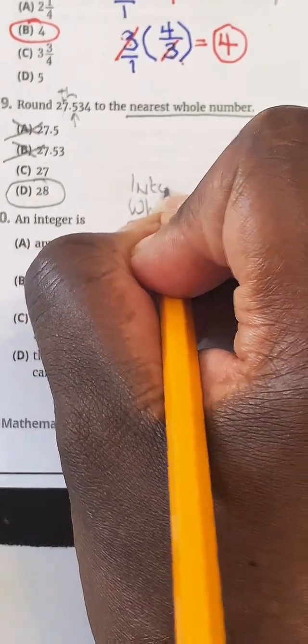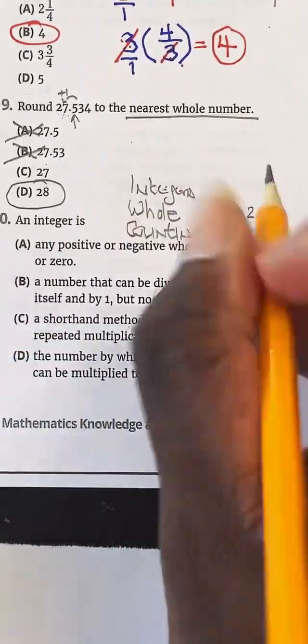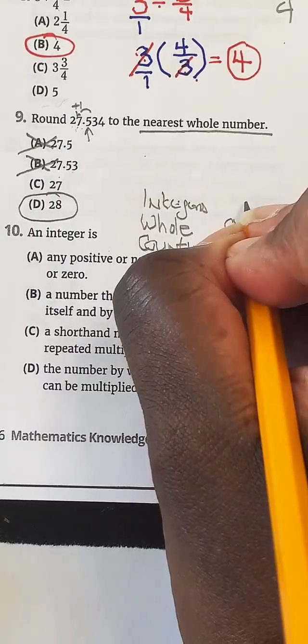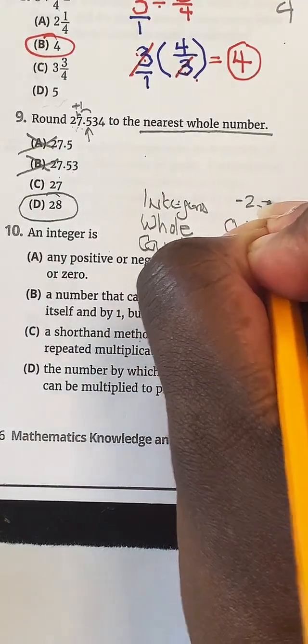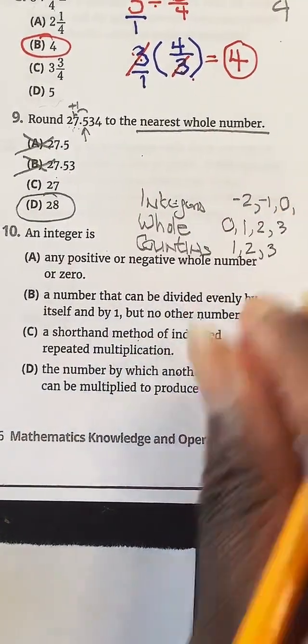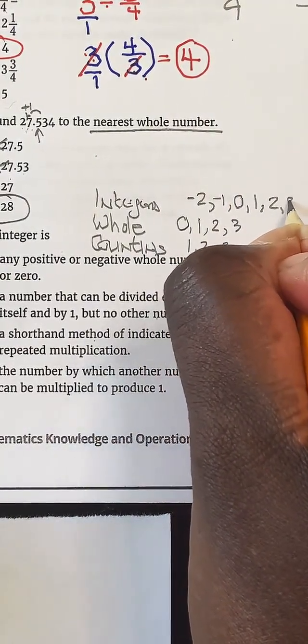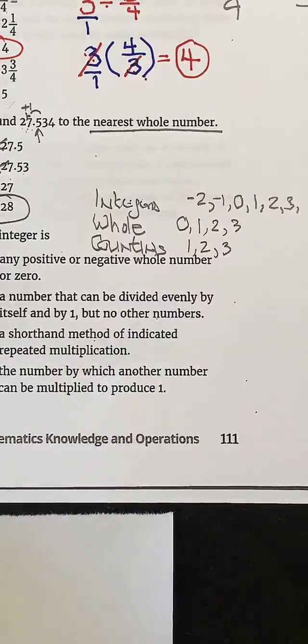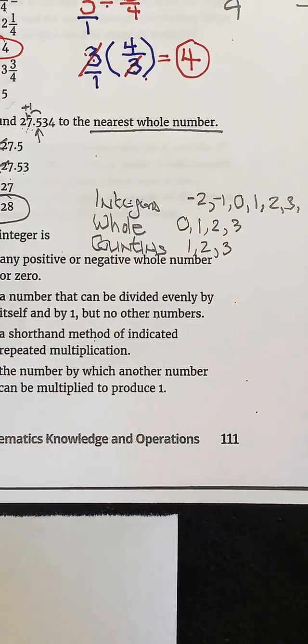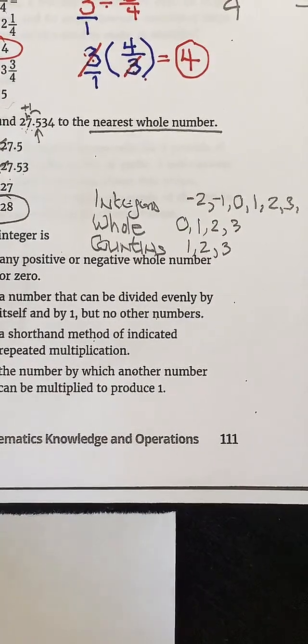Integers are the ones that deal with your negatives, the 0, the whole numbers, plus the positives. So not fractions, not decimals, those are rational numbers.